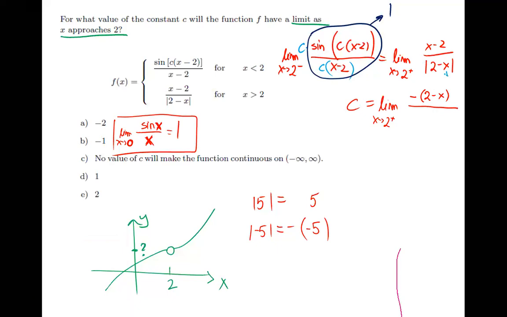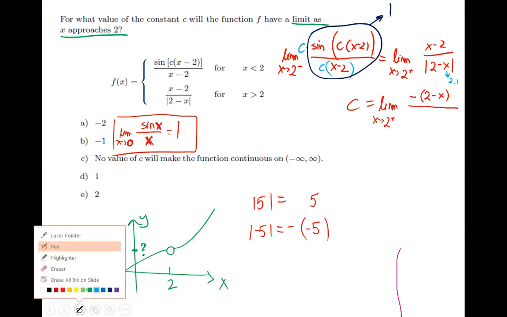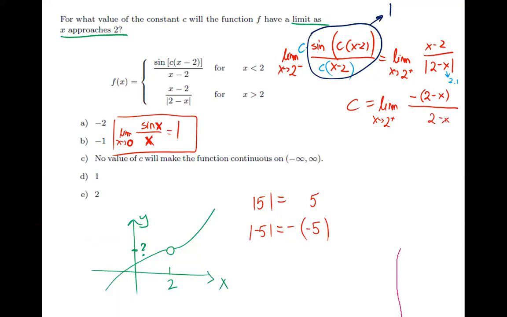If x approaches 2 from the right-hand side, like for example 2.1, what sign will this expression 2 minus 2.1 have? Is it positive or negative? It's negative, thank you. That's the reason that I can copy this quantity.